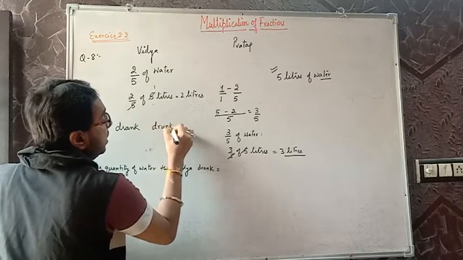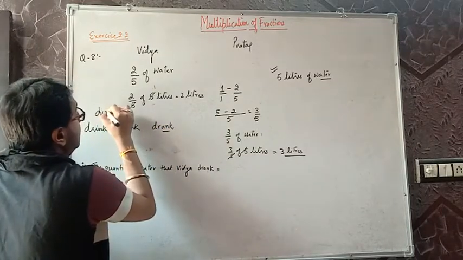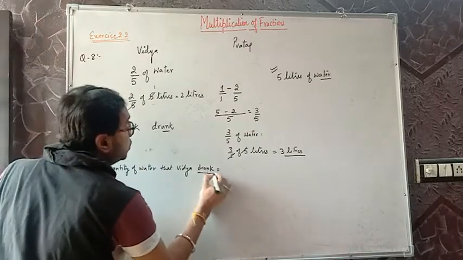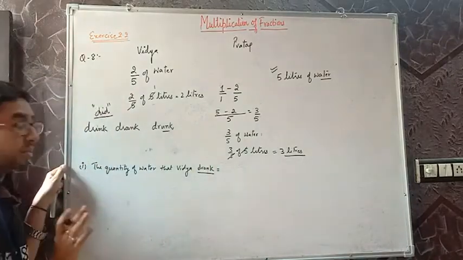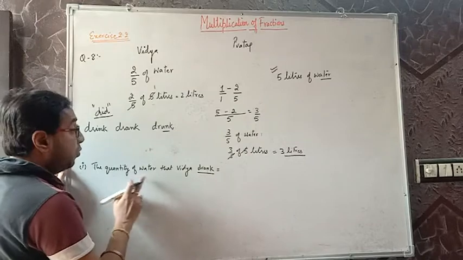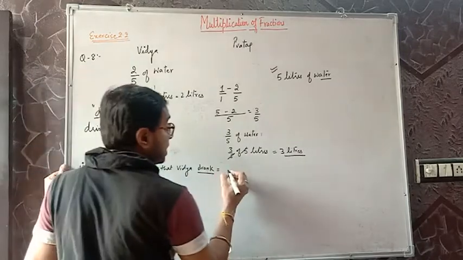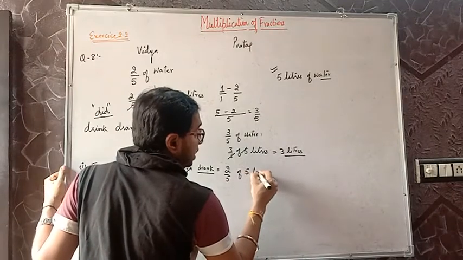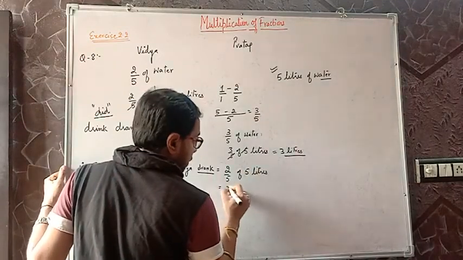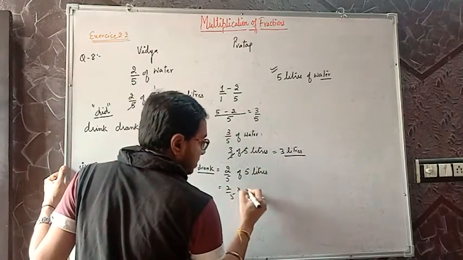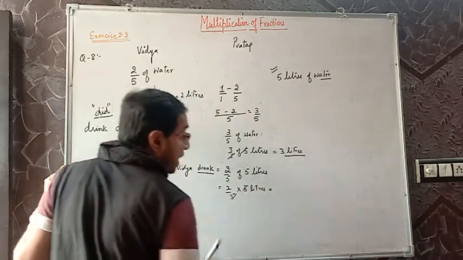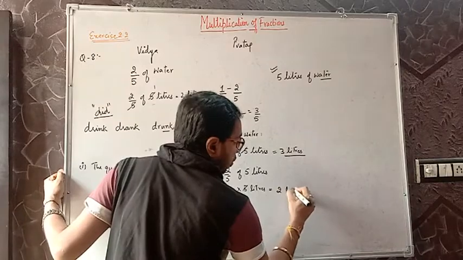Do you remember? Because in the question it is "did", so whenever "did" is there and we have to write the sentence, we have to use the second form of the verb. That is why I've written drank. The quantity of water that Vidya drank is equal to 2 by 5 of 5 liters. That means she drank 2 liters of water.